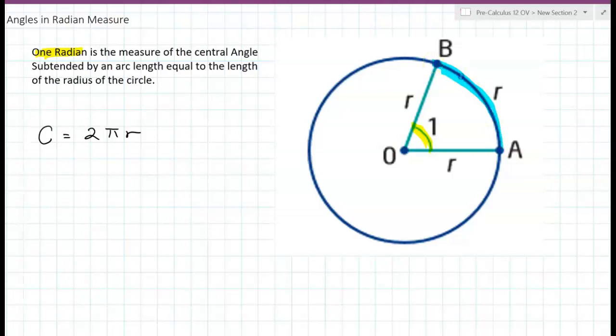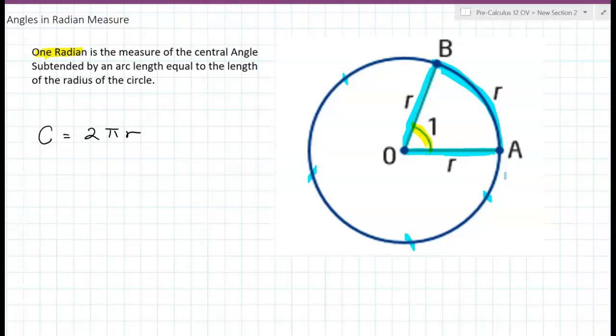If this length is equal to the radius, the length of the radius, then you will have yourself 1 radian measure. Now if you take this arc length BA and map it over and over and over and over, you notice that there will be just a little more than 6 radians there.